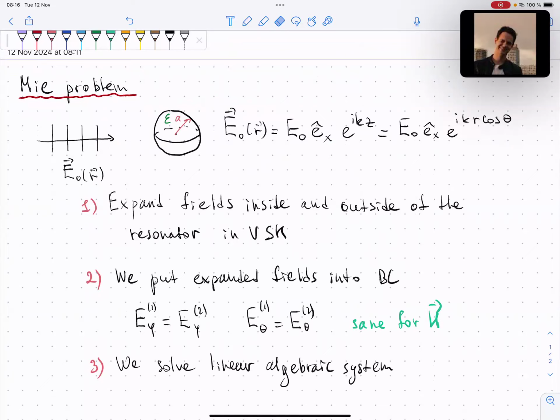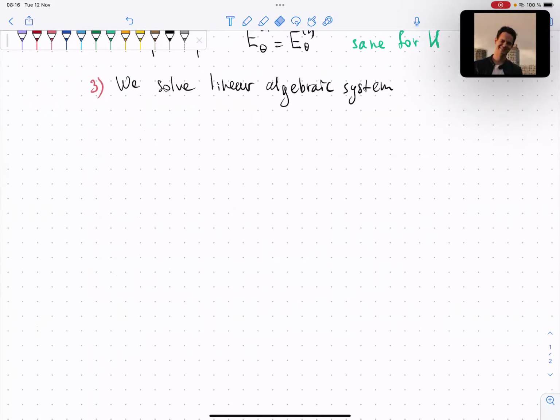We will have some algebraic system for these unknown coefficients. After we solve this linear algebraic system, we will have the connection of these unknown coefficients with the amplitudes of the incident field, and basically we will solve our problem.